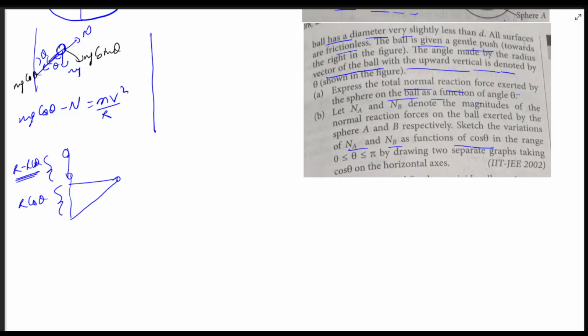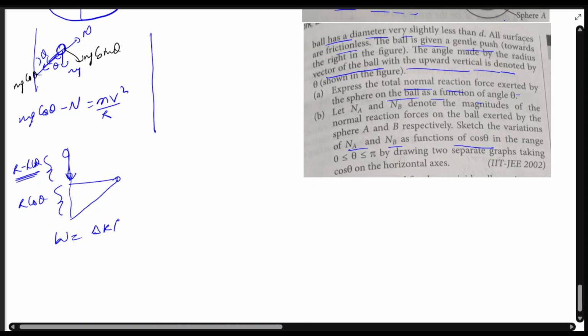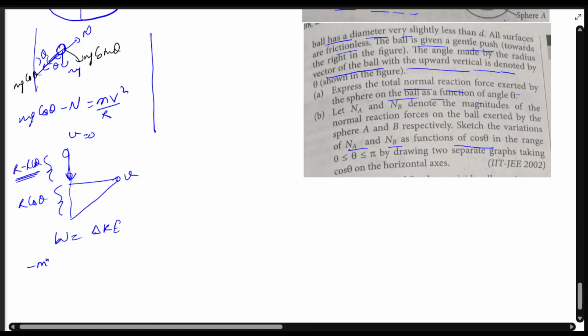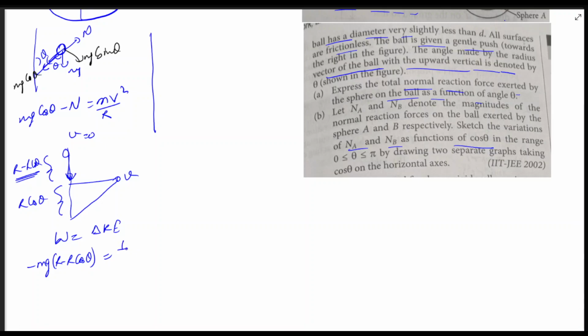The distance by which the particle went in the downward direction is r minus r cos theta. So we will write work done is equals to change in kinetic energy. Initially it is 0, finally it is v. So we will write minus mg r minus r cos theta will be equal to, final minus initial, half m v square, right, minus 0.